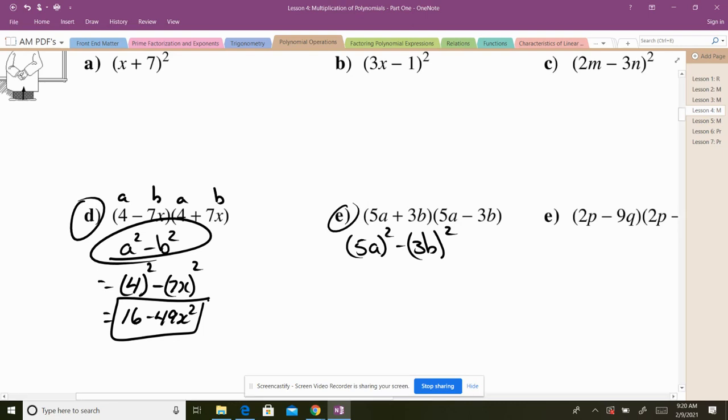Where does this 2 go? Sorry? Not 10a, it's 5 squared. 25a squared minus 9b squared. Look, you can FOIL them out and you'll get the right answer. It's just a little bit more work. Okay?